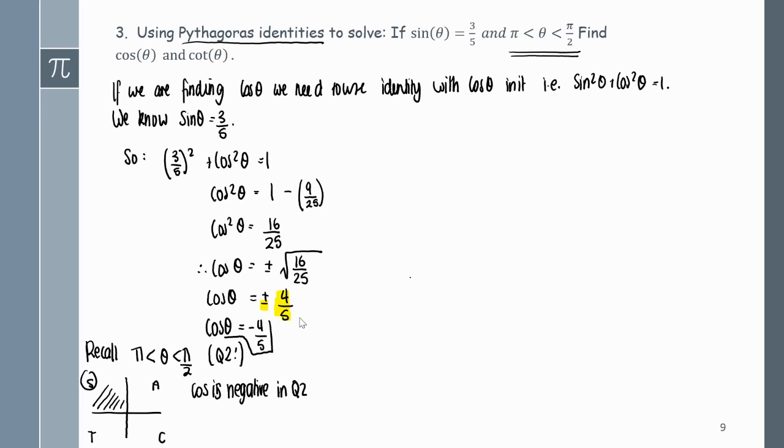And notice that this is less than 1 and greater than minus 1, so we know we're doing something right. To find cot theta, I'm going to use a little bit of knowledge about tan.